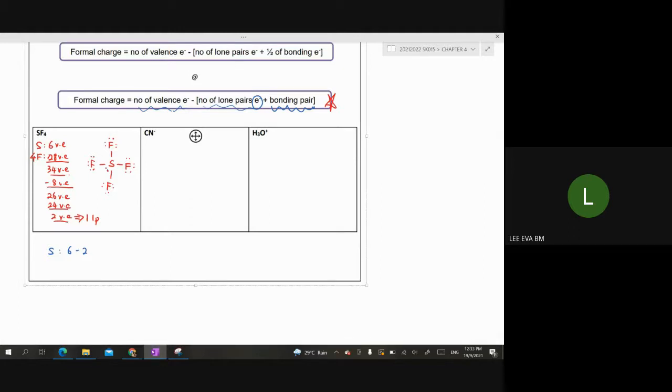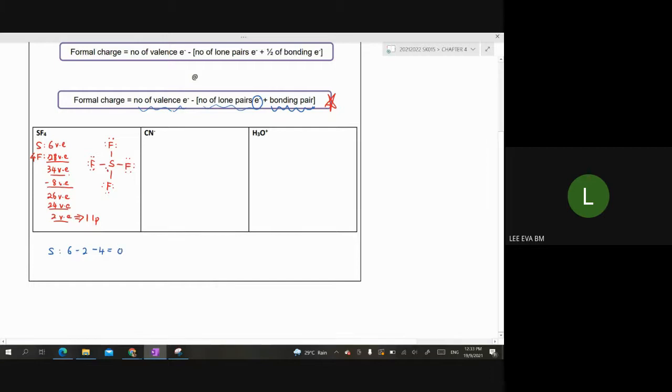Ada berapa single bond? 4. 4 single bonds, that means 4 pairs. So dekat sini tolak 4. 4 lines, 4 pairs. 2 dots, 2 electrons. So yang ni simple saja. 1 line kira 1. 1 dot kira 1.